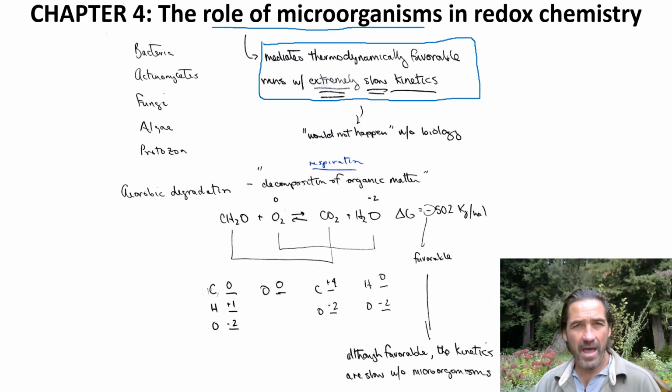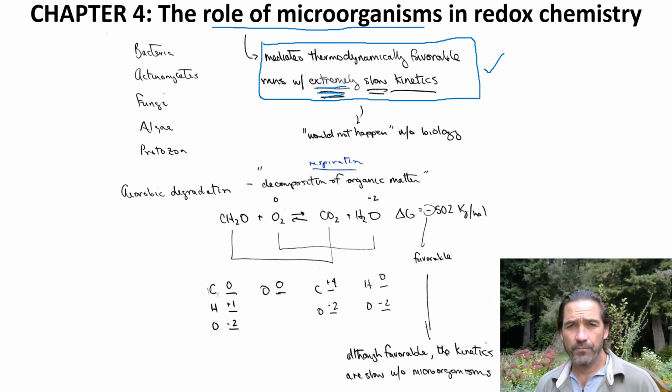That means they can happen on their own. If you just look at the products and reactants, it's obvious that they are spontaneous, but they are reactions that are extremely slow in terms of their kinetics.